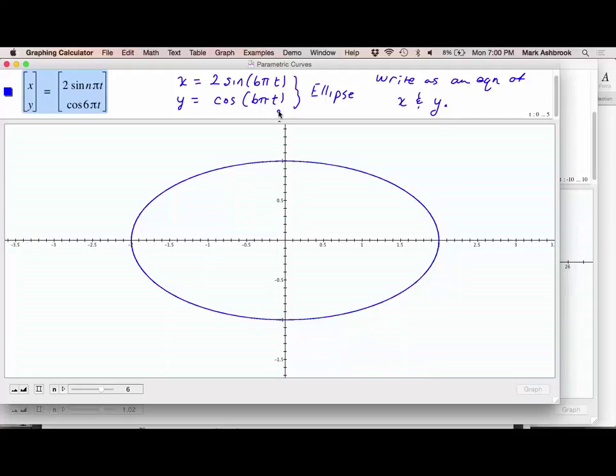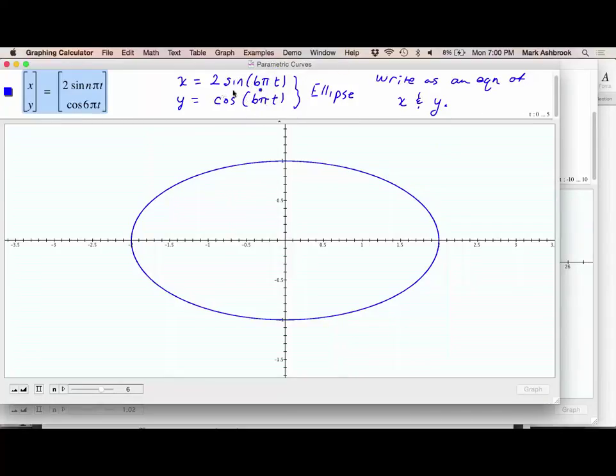So we have a different strategy for this. We need something where we can eliminate t. We need something to do with sine and cosine where we can eliminate t. Does anybody remember your trig?